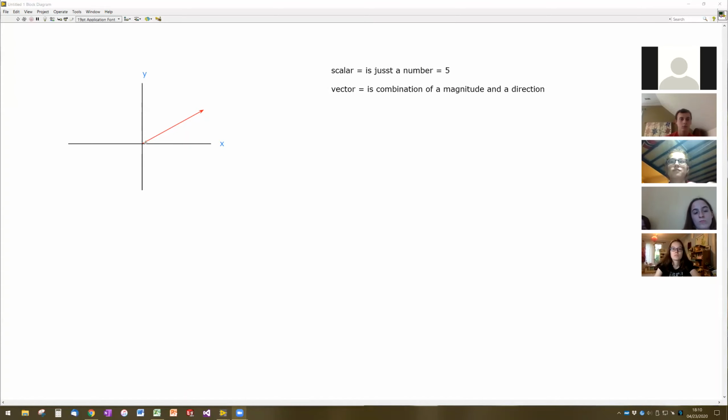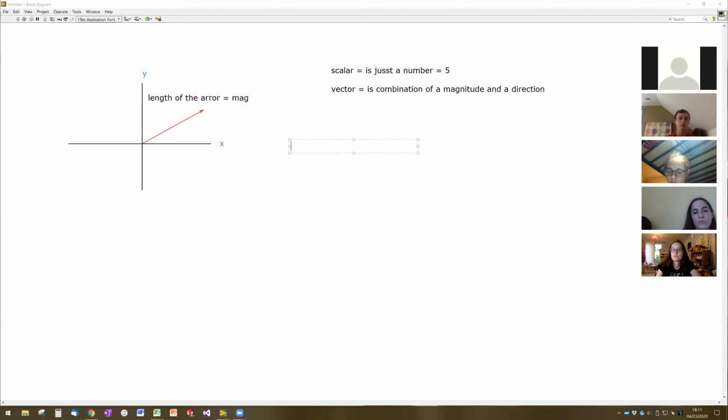Sorry, I don't have a better way to describe that. And the magnitude is the length of the arrow. The direction within the XY coordinate space the arrow is pointing is the direction of that vector.